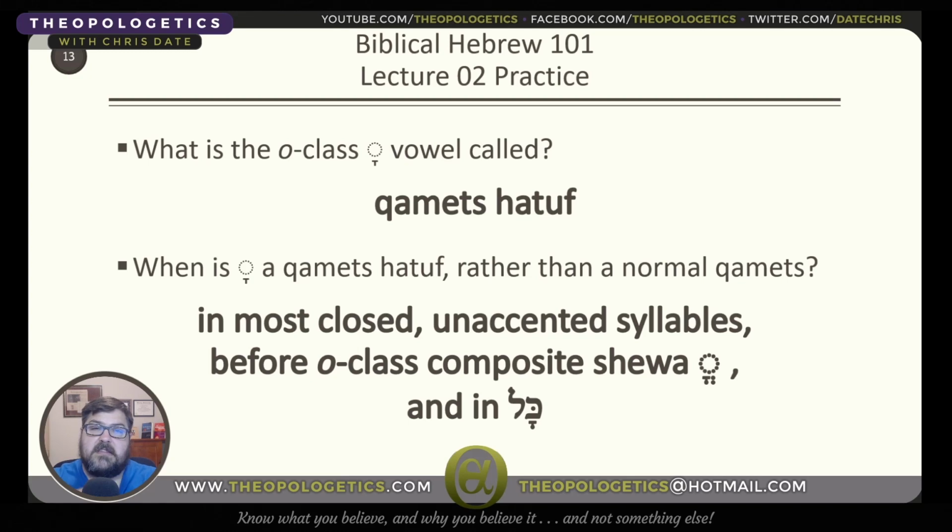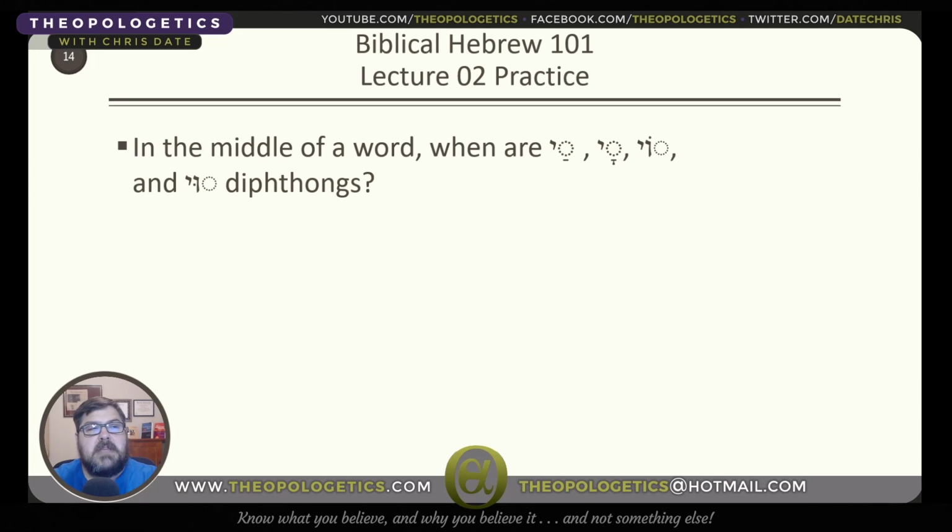Now, I don't have this on this slide, but just remember that when there's a small vertical line called a meteg right next to the kametz, that's telling you that it is a kametz, not a kametz chatuf.